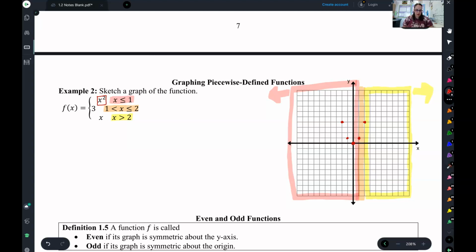Now, I've got this parabola shape, but I only want this shape in my first red box. I do not want it anywhere else. So anywhere that is outside of my red box, I can go back and erase it.